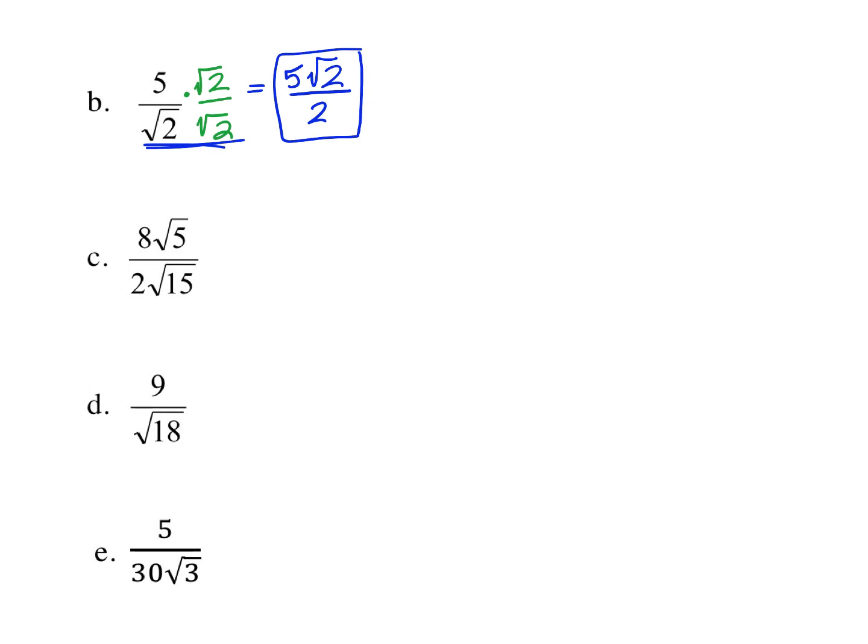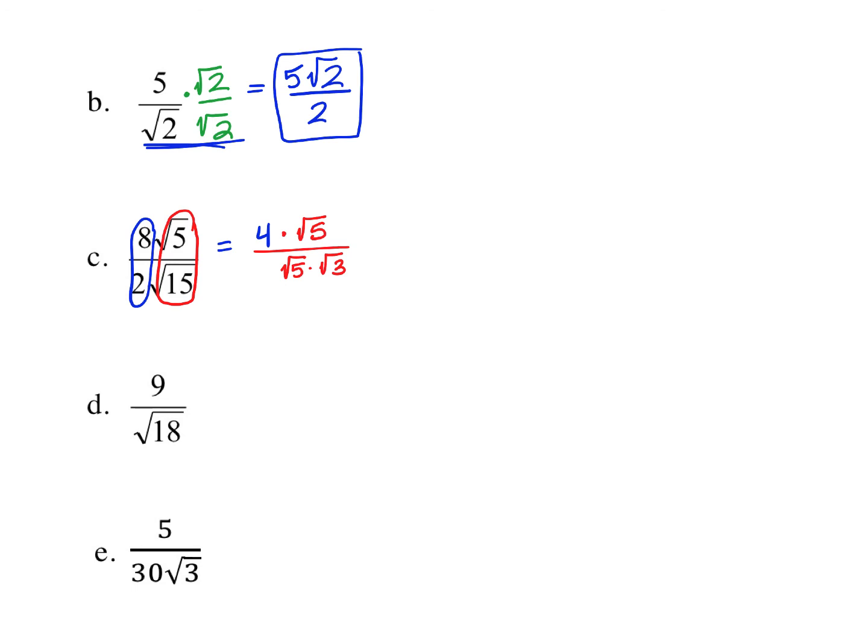For letter C, there's a bit of simplifying that we can do before we start rationalizing, which makes it a little bit easier. So we have 8 divided by 2. That's going to be 4, right? And then I can rewrite this root 15 and root 5, okay? So on top, I have root 5. On bottom, I can separate that 15 into root 5 times root 3.